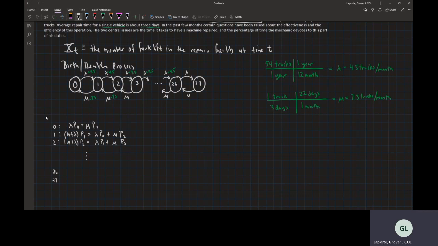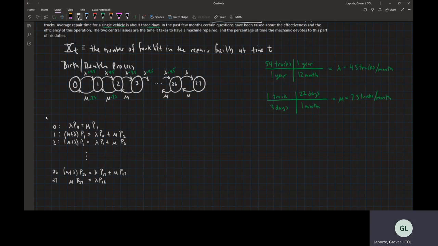So 26 will look a lot alike: mu plus lambda times P26 is equal to lambda times the one before it, P25, plus mu times the one after it, P27. And then this last one's a little unique. It's just the ones leaving that we're putting on this side. So mu P27 is equal to lambda P26.